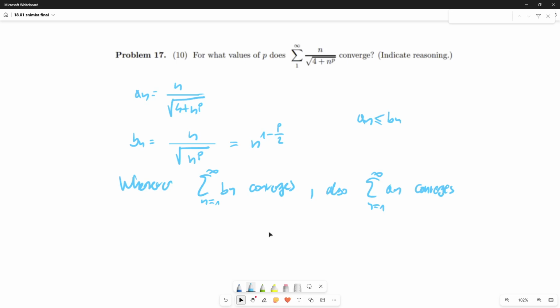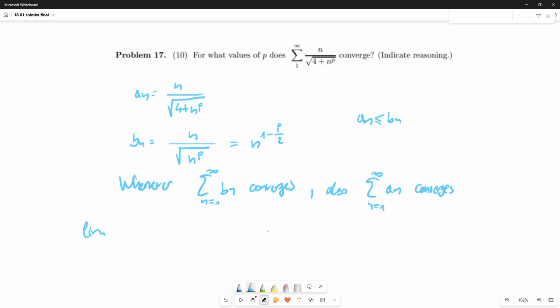But this relation doesn't tell us whether, if we know that the series of an converges, the series of bn converges. We will take a closer look into the relationship between an and bn and their respective series.